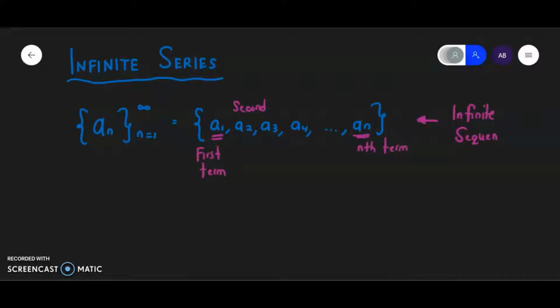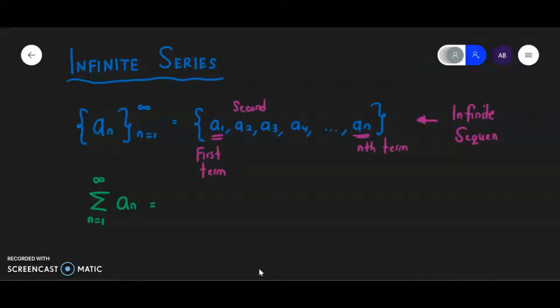Let me just change my marker to blue if I can. So let's say we have this notation here: the summation from n equals 1 to infinity of an.